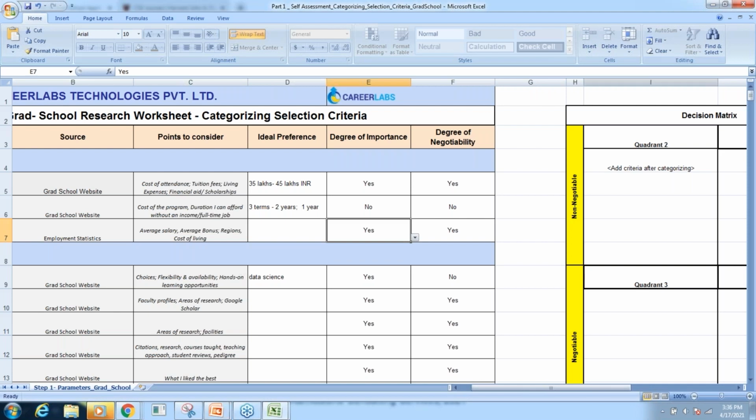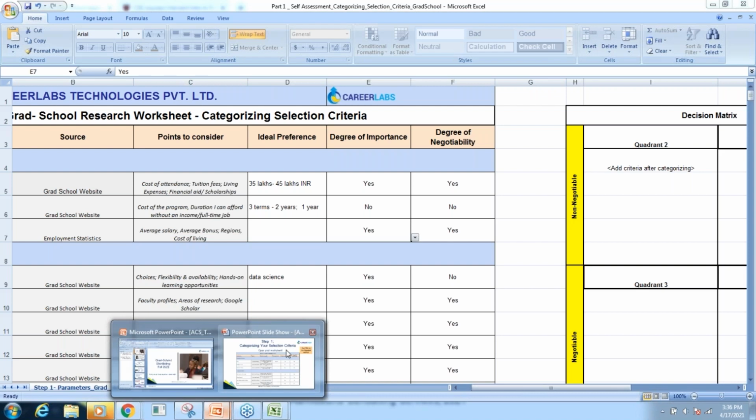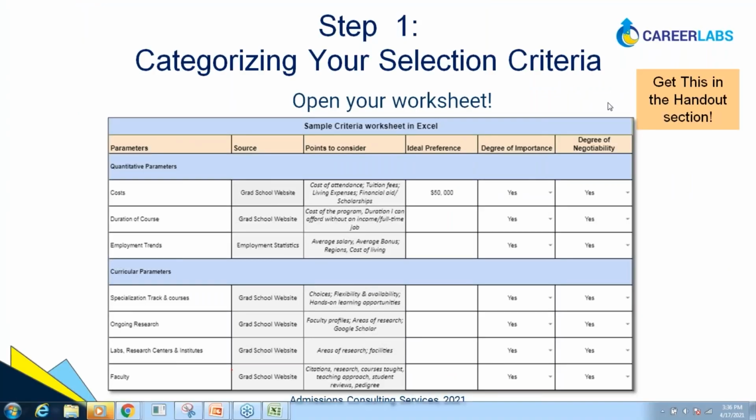Going back to where we started, this is the very first step that you do in order to start shortlisting schools, wherein you start filling out your preference, your degree of importance and your degree of negotiability. In some things, there will be a lot of gray areas. What do I mean by gray areas? For example, it is very hard to differentiate between the research work of two faculty members.